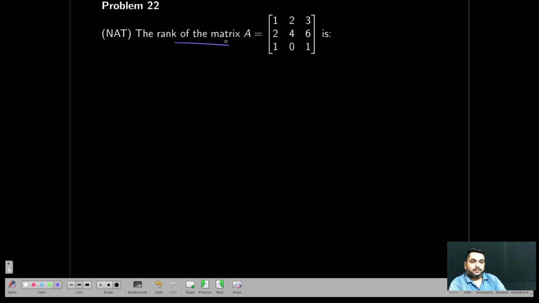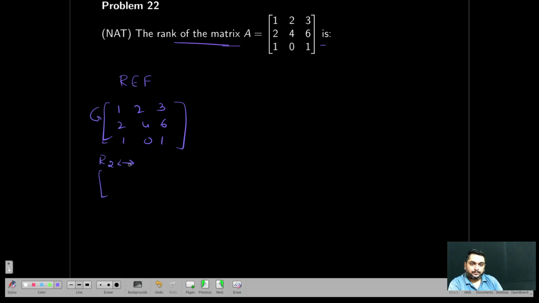The rank of the matrix A is, so convert it into row echelon form and then calculate the rank. I have given the matrix 1, 2, 3, 2, 4, 6, and then 1, 0, 1. You see, they are same, just swap them: R2, R3.